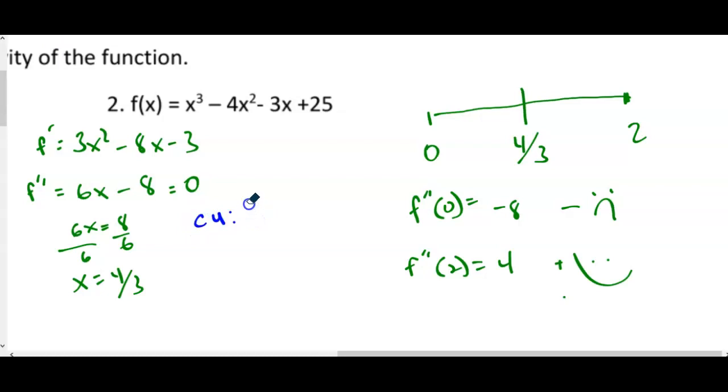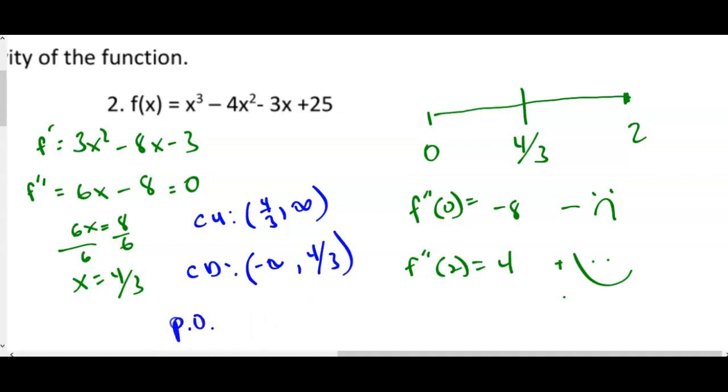Concave up is 4/3 to infinity, and concave down is negative infinity to 4/3. And then our point of inflection is going to be x equals 4/3.